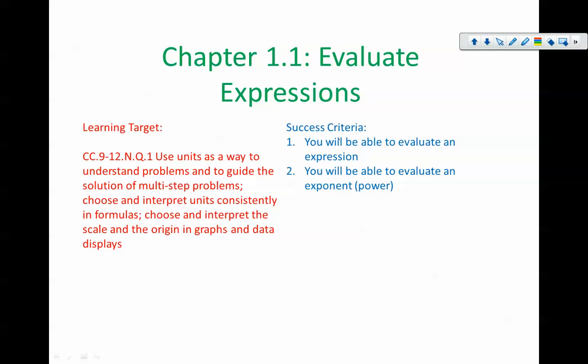And on the right, these are the two things that you will be able to do by the end of this series of videos, which will have a couple of them with spots in between for you to stop and try some problems on your own. By the end of this chapter 1.1 series, you should be able to evaluate an expression and evaluate an exponent.